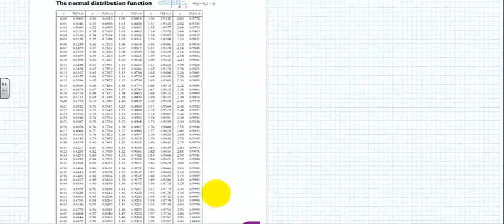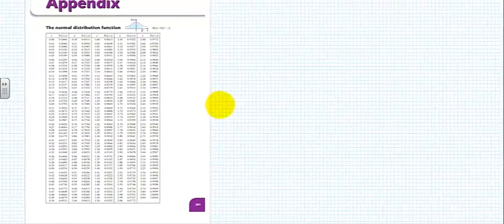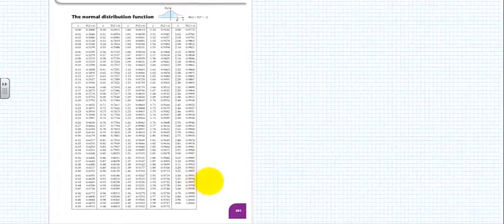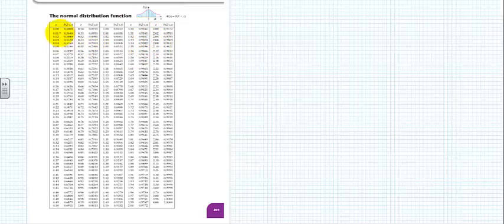Well, let's study the table for a bit. If you looked at the table for the first time, you might be utterly confused or scared of what it looks like. There's so many columns and so many numbers. Well, actually, the table originally looked something like this.